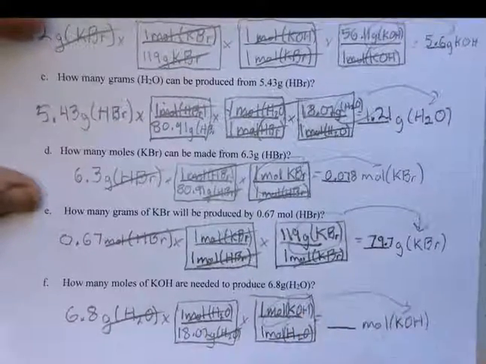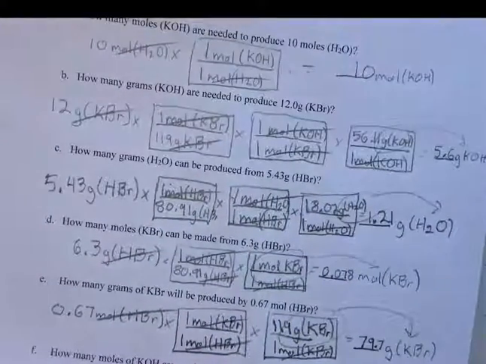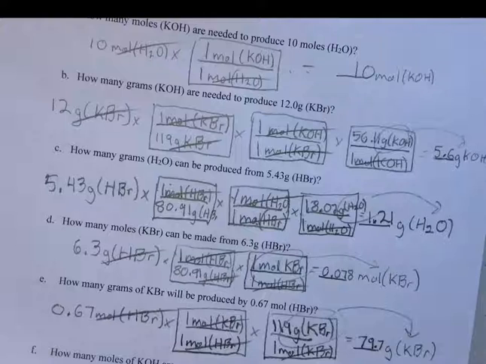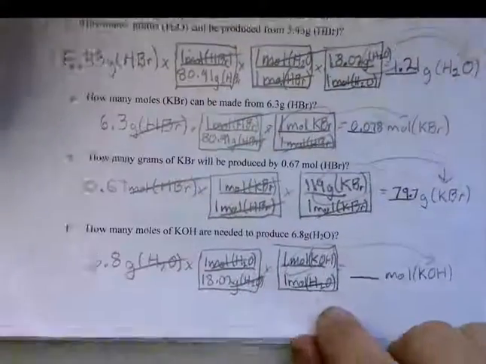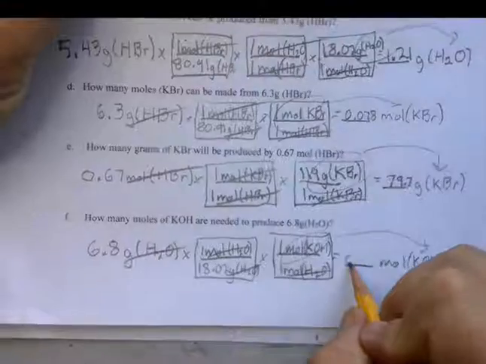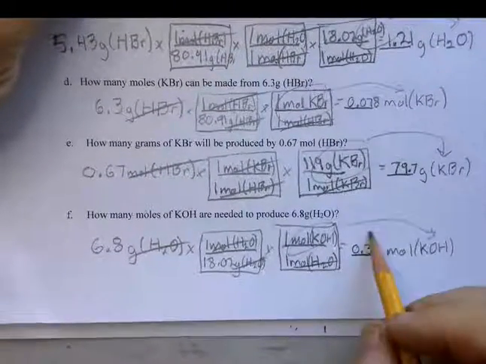Last man standing. So 6.8 times 1 times 1 divided by 18.02. Let's go ahead and do that. And I get 0.3738. How about that? Okay, and there you go.